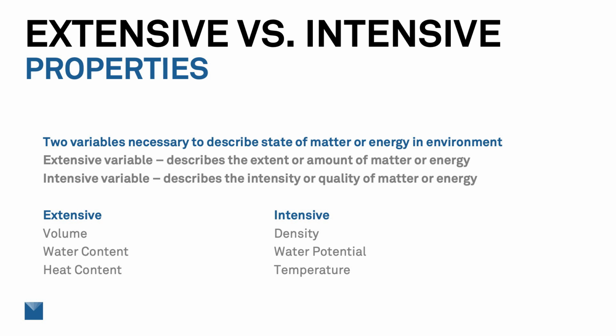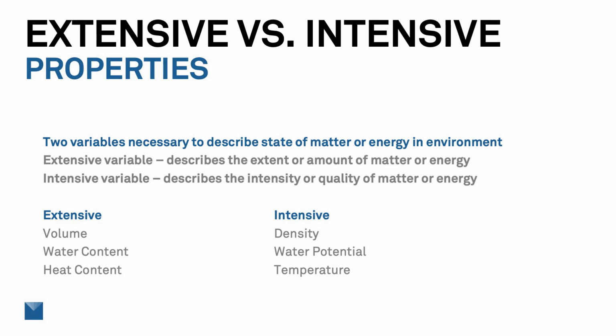So here, let's look at some examples of extensive and intensive variables. You have a very basic concept of volume, that's your extensive variable, and then density, which is your intensive variable. Okay, and now we're going to jump into what we've been discussing, water content. Water content is our extensive variable. It describes how much water is there within the environment.